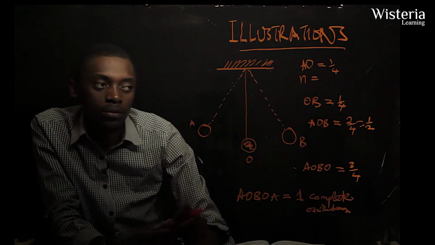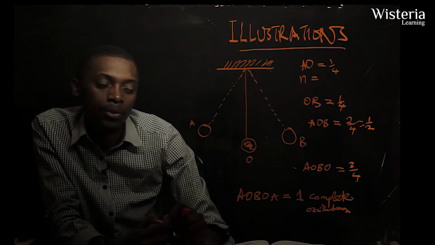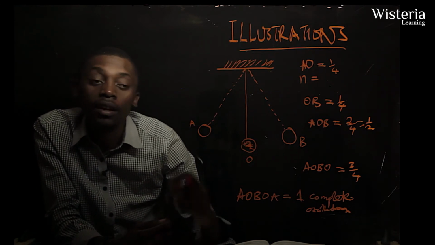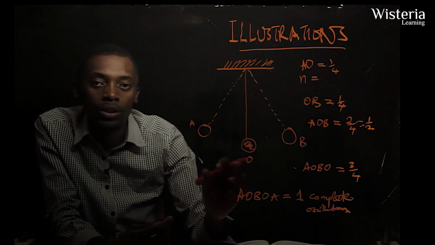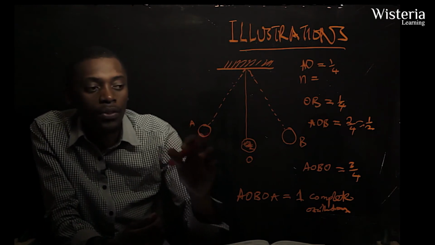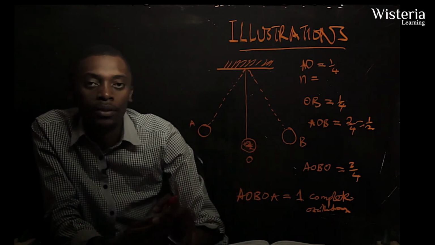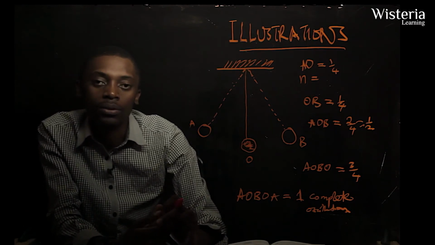So in conclusion, we can relate how a bob swings between positions A and B. If it swings from A to O only, we say it's 1/4 oscillation. If it swings from A through O to B, then we say the number of oscillations is 2/4, which is the same as saying 1/2.